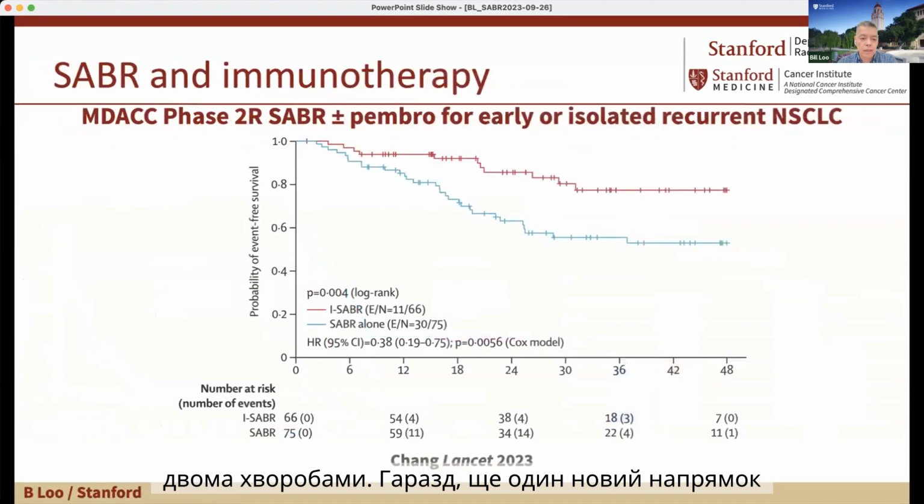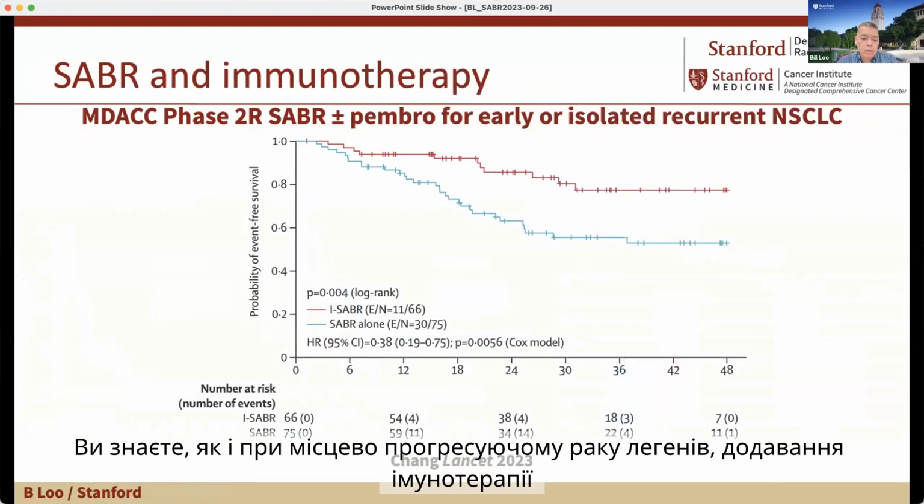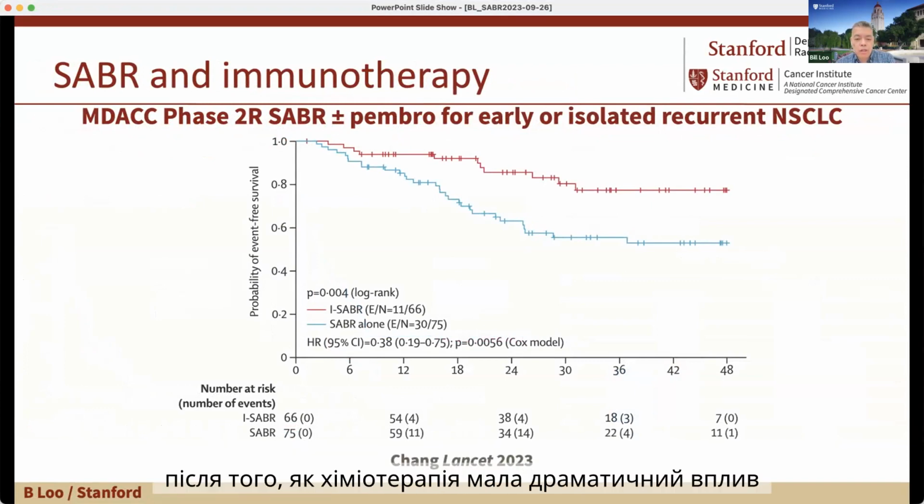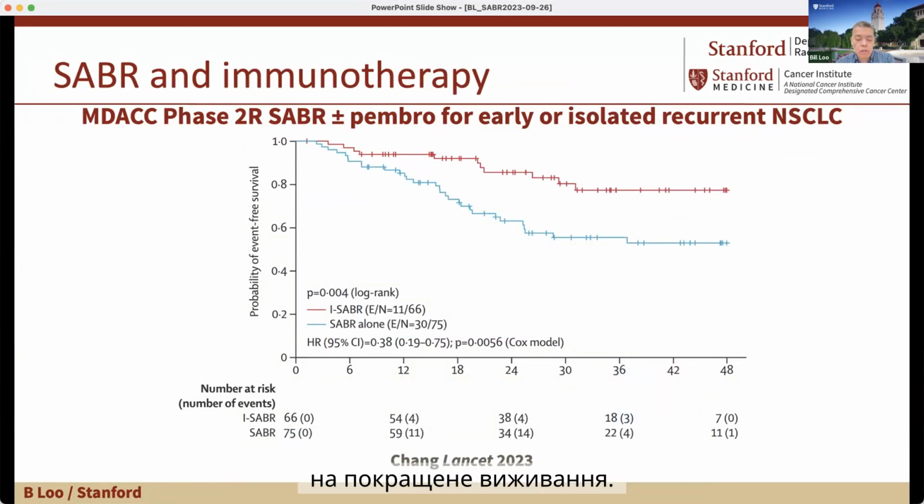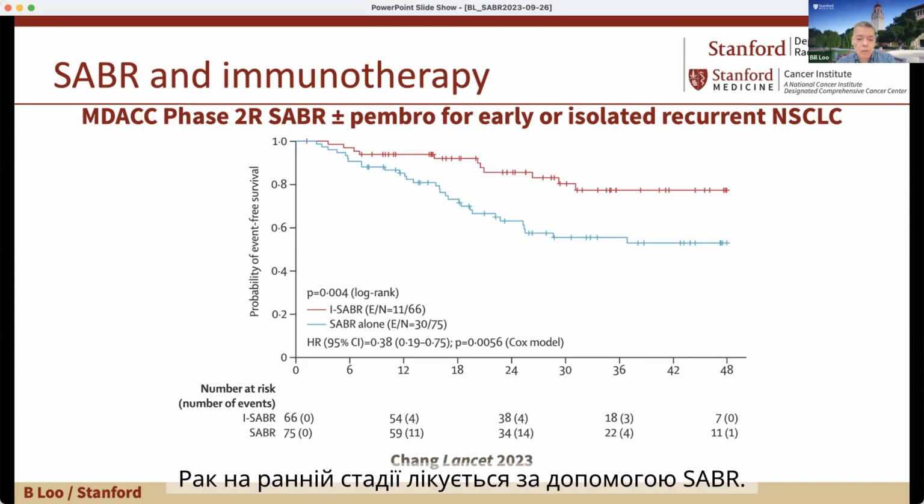Okay. Another new direction is, as in locally advanced lung cancer, the addition of immunotherapy after chemoradiation has had a dramatic impact on improved survival. What about for early stage cancer treated with SABR?